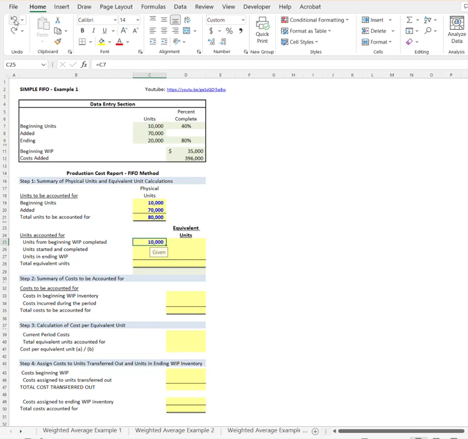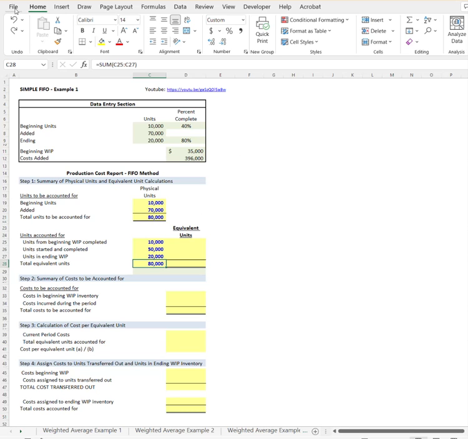Again, we've got 10,000 from beginning work in process. Our ending work in process is 20,000. Since we started 70,000 units and we've got 20,000 in ending work in process, that means we had 50,000 that were both started and completed. And notice our units to account for, the 80,000, equals the units we have accounted for.